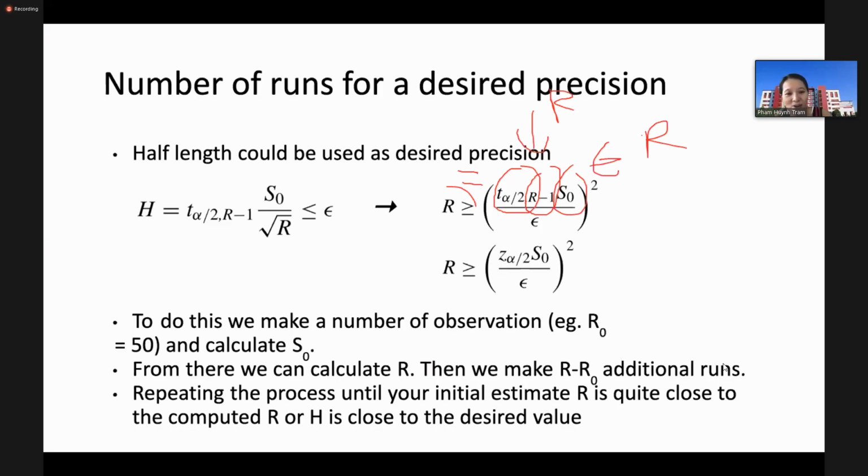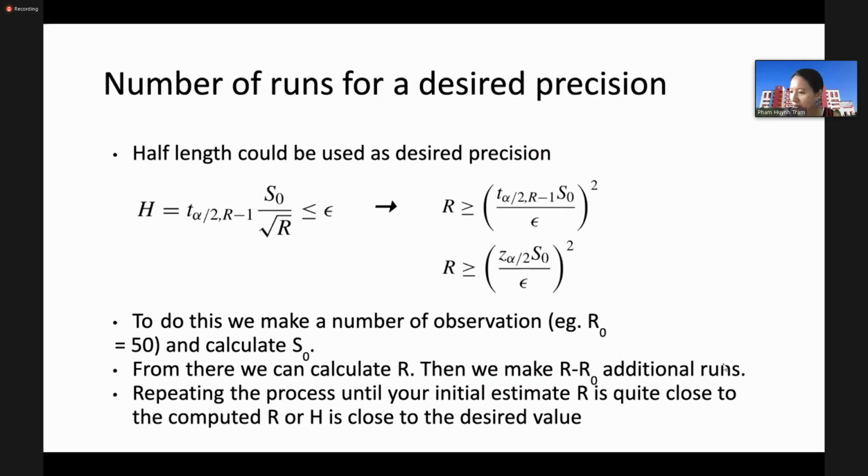So firstly, we don't know how many replications we should run. We just run an initial few replication first, whatever number that we think is appropriate, that our time can afford.